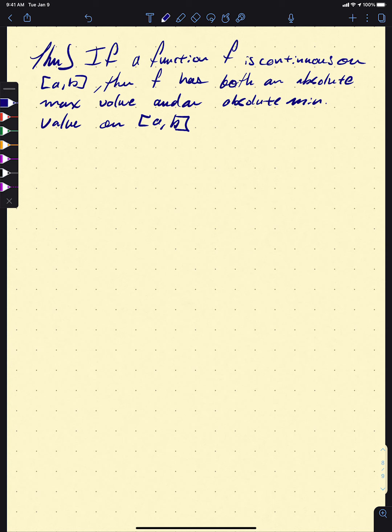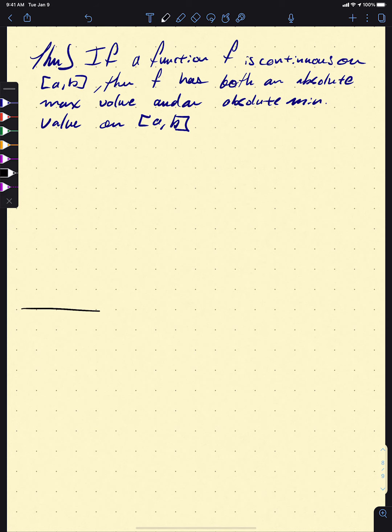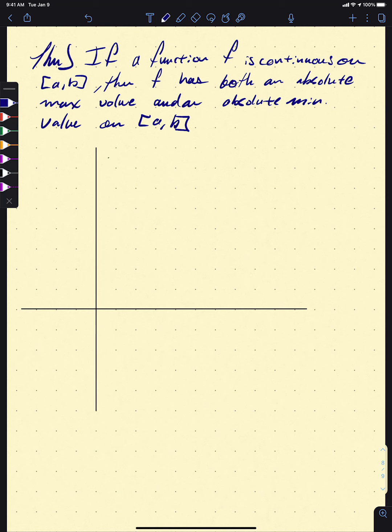And we can actually take it one step further. Let's first restrict to just worrying about the absolute maximum, right? There are two possible cases. Either the function attains its absolute maximum on the boundary, either at a or b, or somewhere in the middle. We can take a look back at slicing off various portions of this guy.